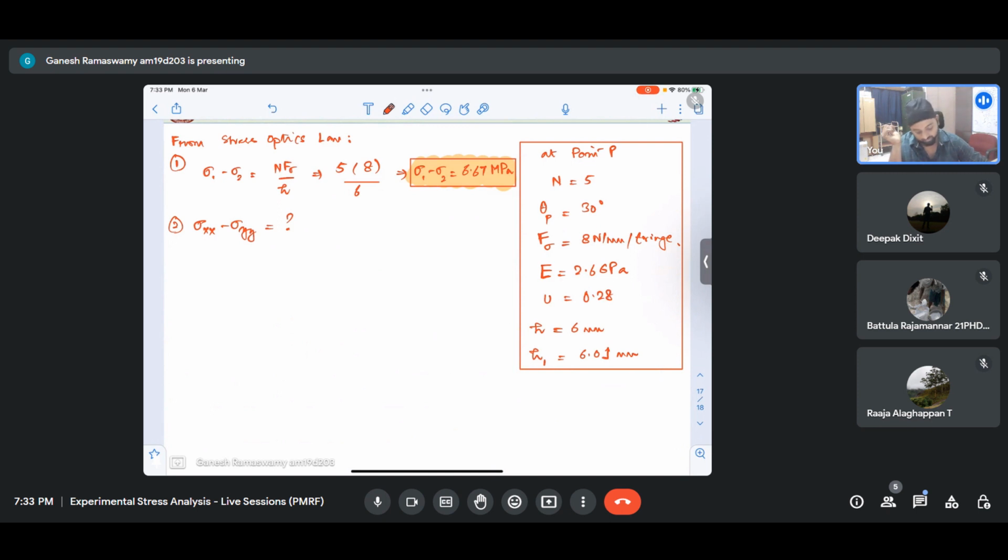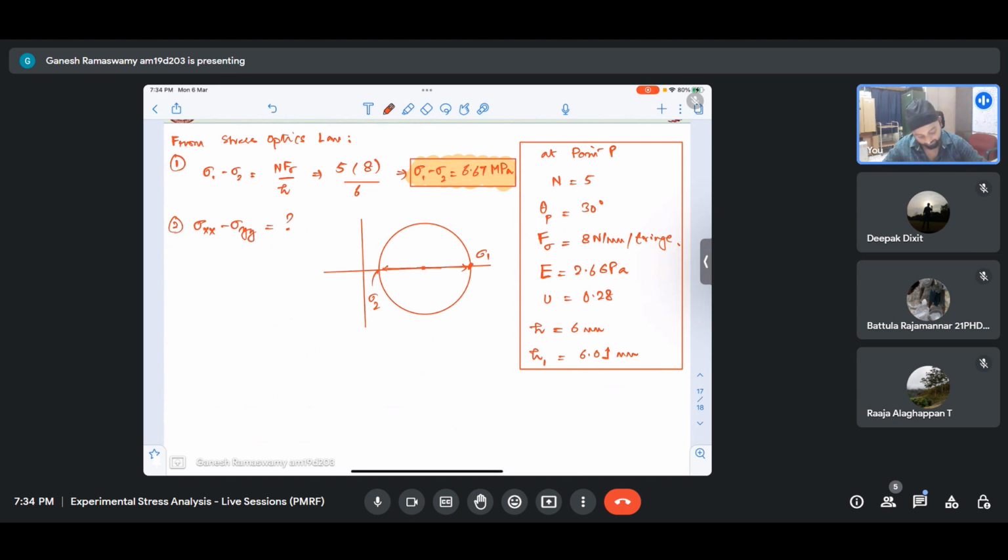So let us say for a generic case, I'll just draw one more circle. If this happens to be my Mohr circle, I know that this is sigma 1, this is sigma 2. So sigma 1 minus sigma 2 is nothing but my diameter of the Mohr circle. Center is at sigma 1 plus sigma 2 by 2.